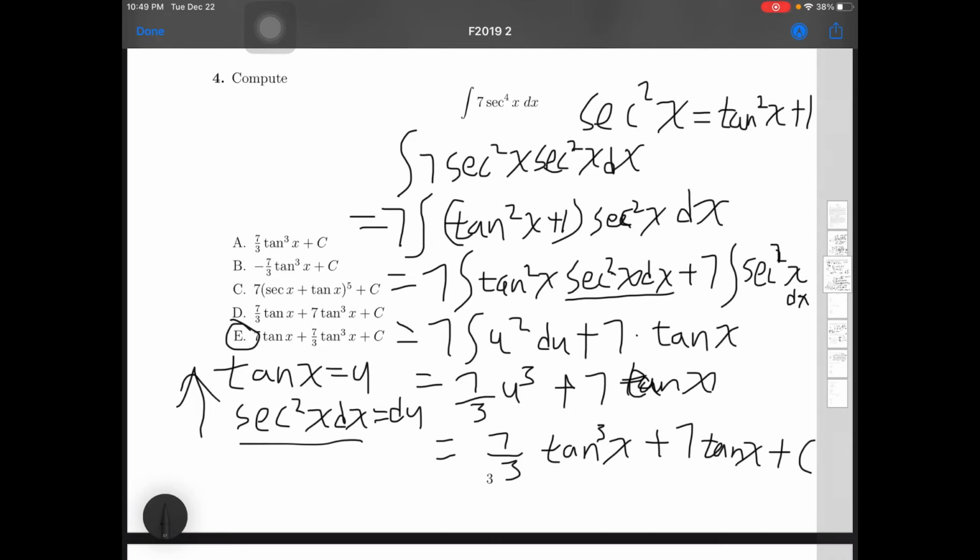And for any of the secant being an even power like this, this is the way to do it. You can divide each secant squared into tangent squared plus 1 and just separate it out and use this u sub right here, and it should be pretty easy to solve.